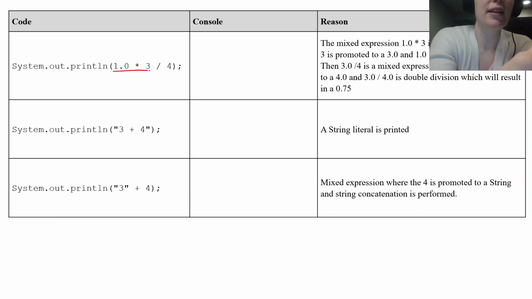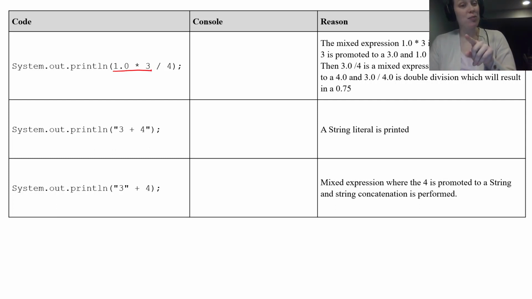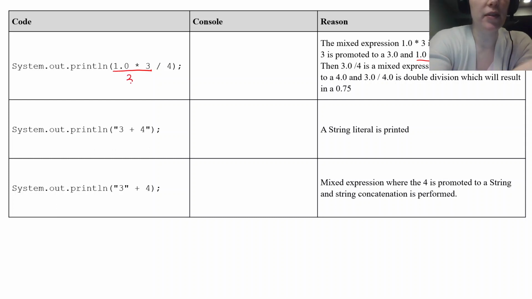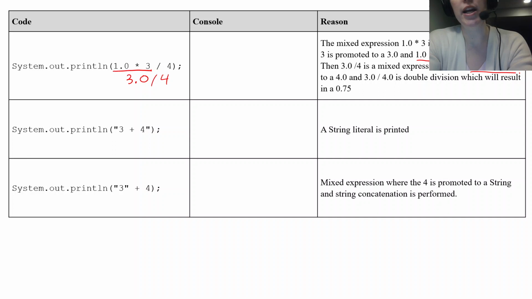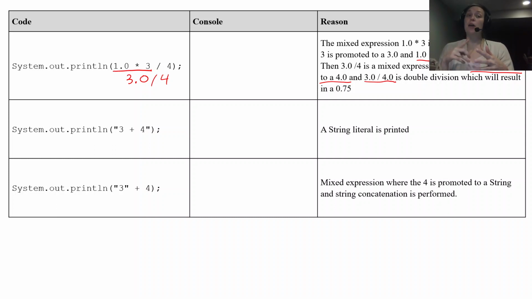So left to right, the 1.0 times the 3 happens first, and that's a mixed expression. 1.0 times 3, the 3 gets promoted, so that's 1.0 times 3.0, the result is just 3.0. Okay. And then you have 3.0 divided by 4, another mixed expression, and the 4 is again promoted to a 4.0.